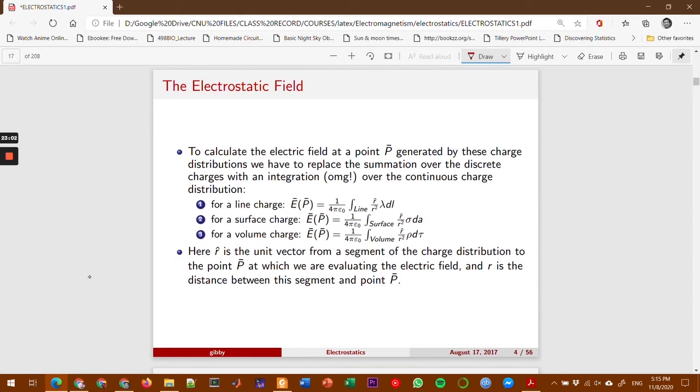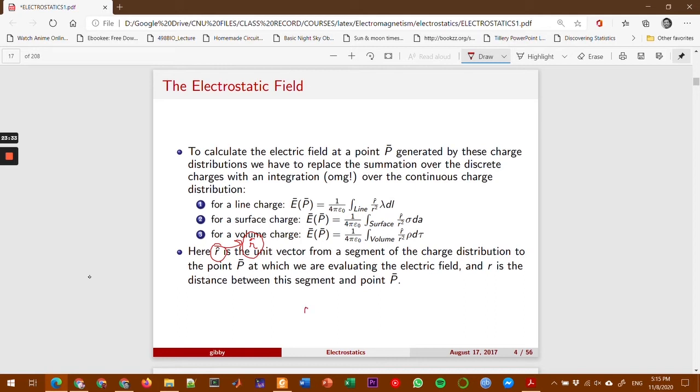So here, again, we will replace that with this one. By the way, nag-upload man ko ani og files na PDF na form sa ato ang lesson. You will see there nga ang ato ang notation nga gamit is kani. Kana. That is a unit vector from a segment of a charge distribution to the point P. So let's say for line charge, it's like this.